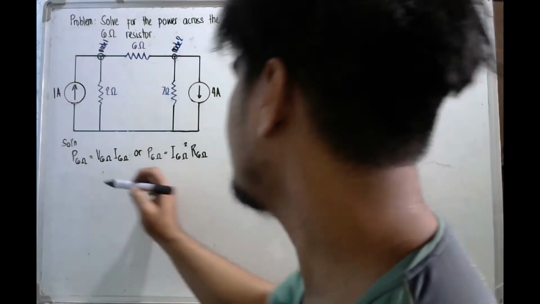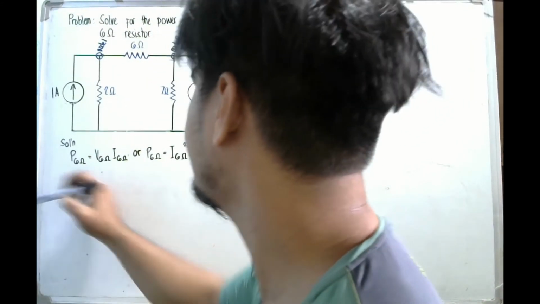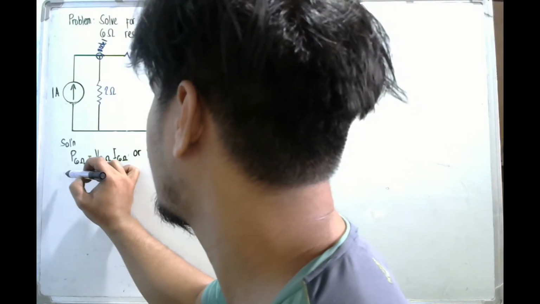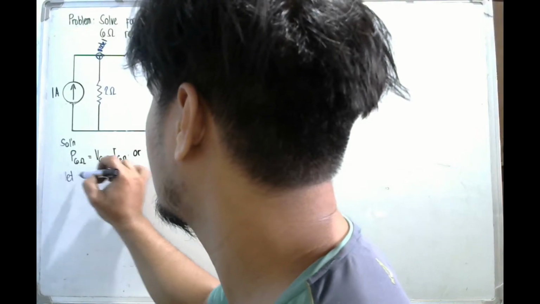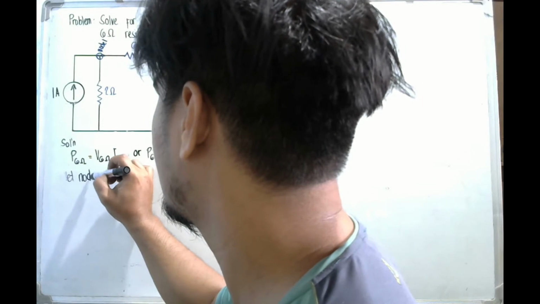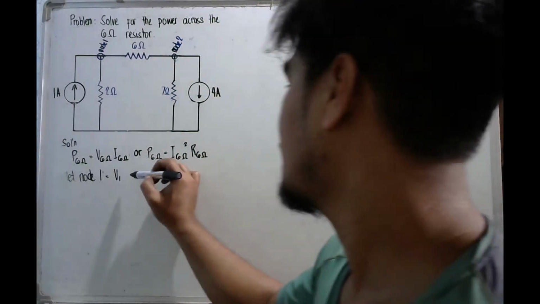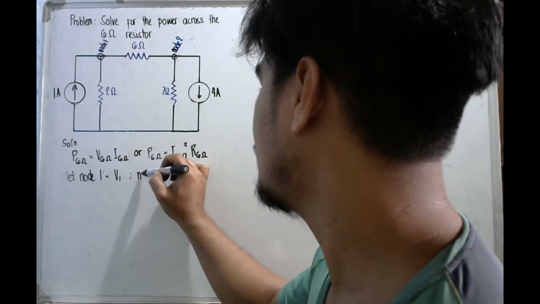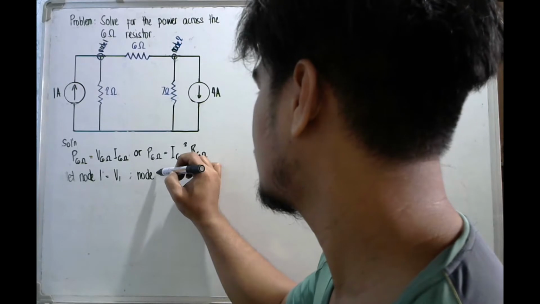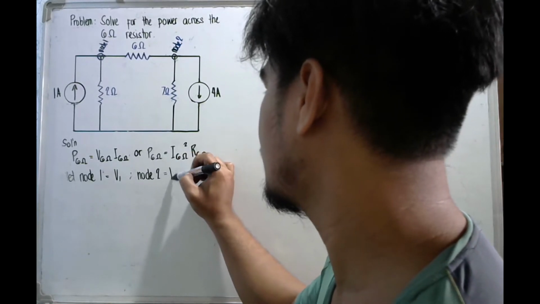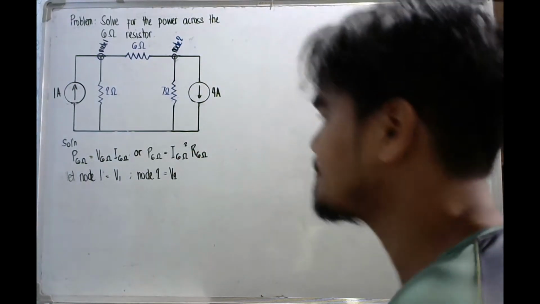Let node 1 be equal to V1, and let node 2 be equal to V2.